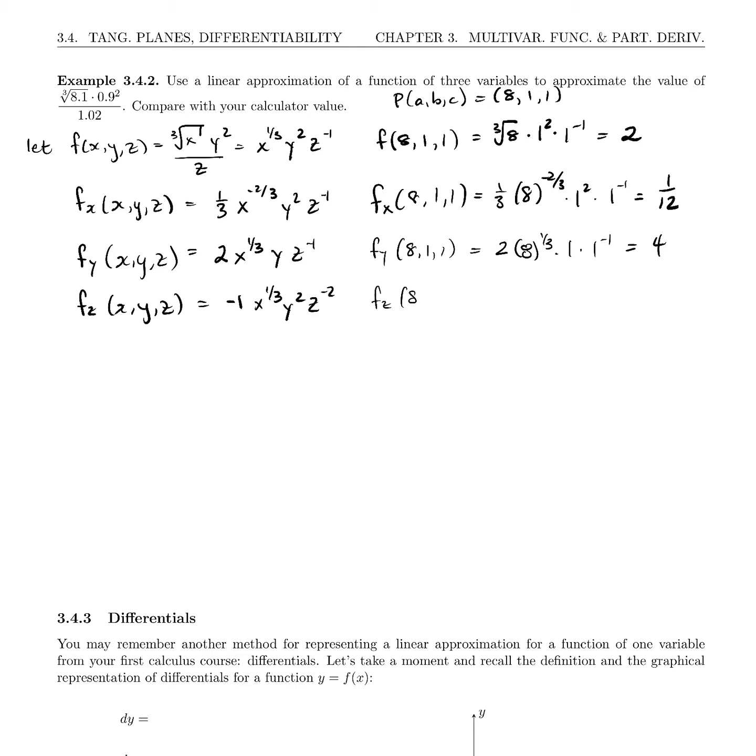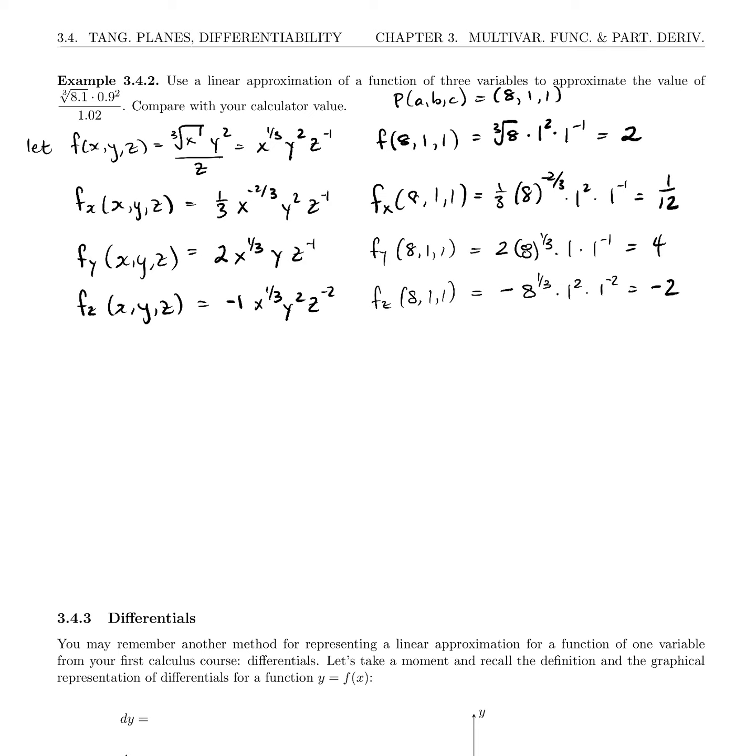Evaluated at 8, 1, 1, we get minus 8 to the 1/3 times 1 squared times 1 to the minus 2. 8 to the 1/3 is still 2, so minus 2.